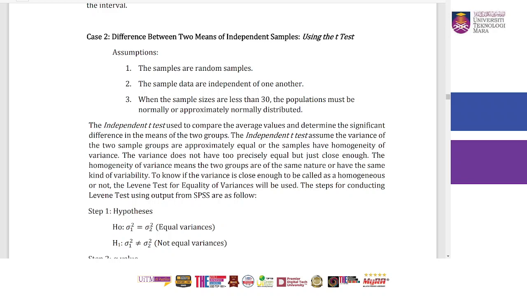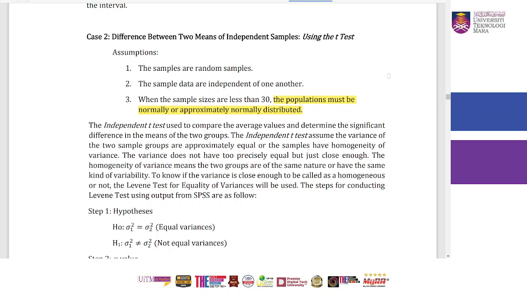So dia mesti ada dalam bentuk normally or approximately normally distributed. So the population must be normally or approximately normally distributed, and in this situation the sample size is less than 30.